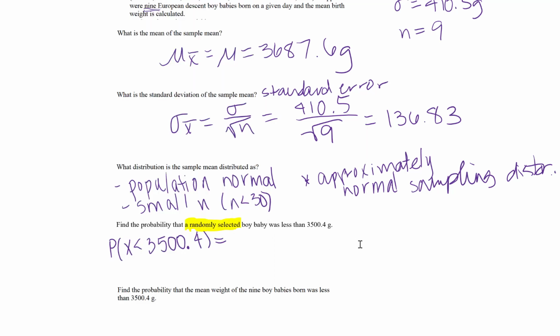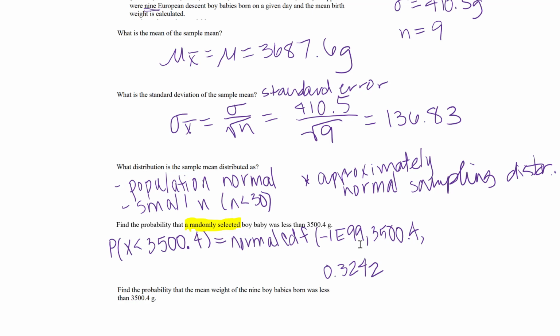But let me write it down before I forget what the answer is, but I want you to write it out. So I want you to write normal CDF, open parentheses, negative infinity or -1E99, comma, all the way up to your 3,500.4 because that's the area that's shaded under the normal curve.